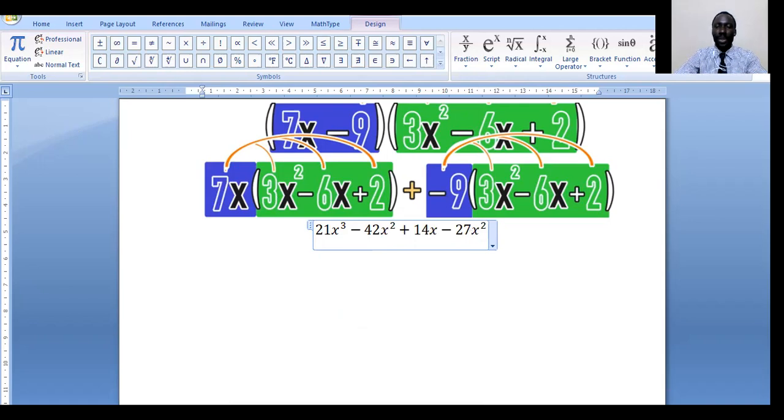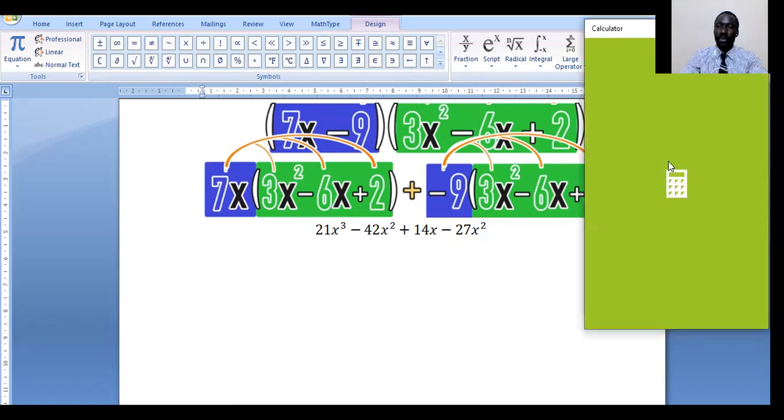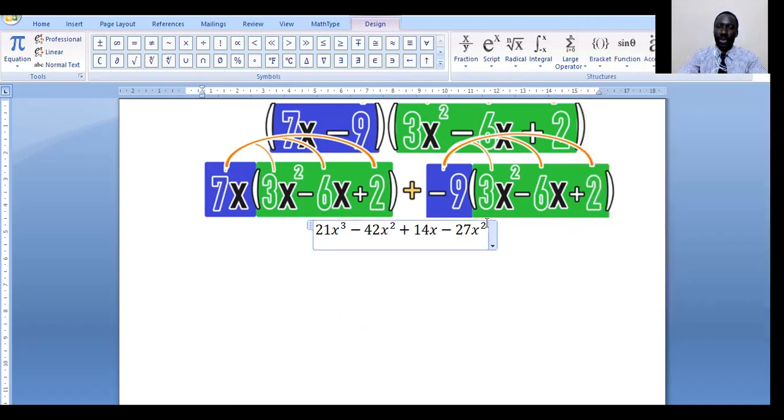So what we have here is 9 times 6. Yes, it's 54. So we put here 54. Notice that it is going to be positive, the reason being that negative times negative is positive. Then we have the x there. Then we have 9 times 2, which is 18, which is negative, because negative times positive is negative.